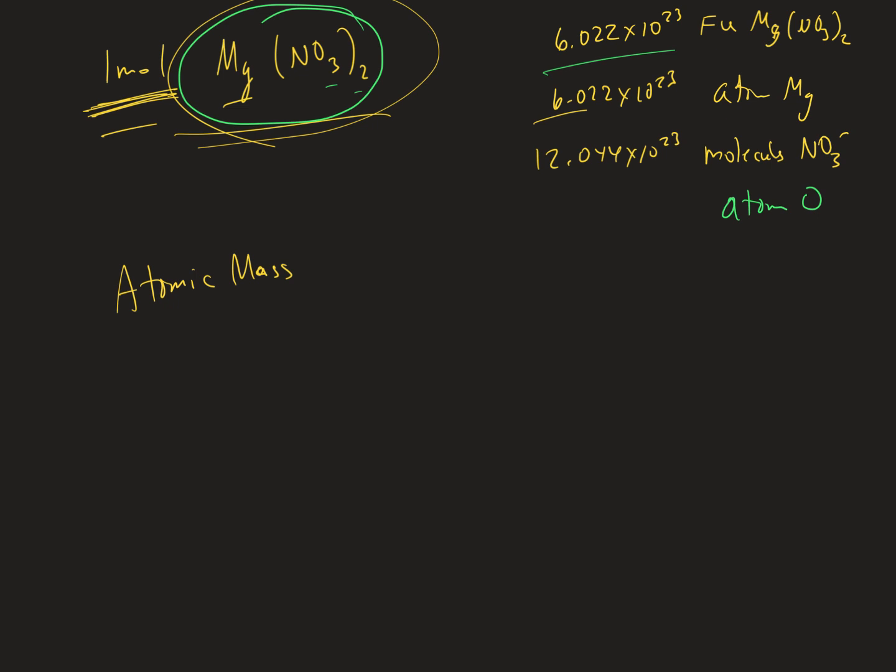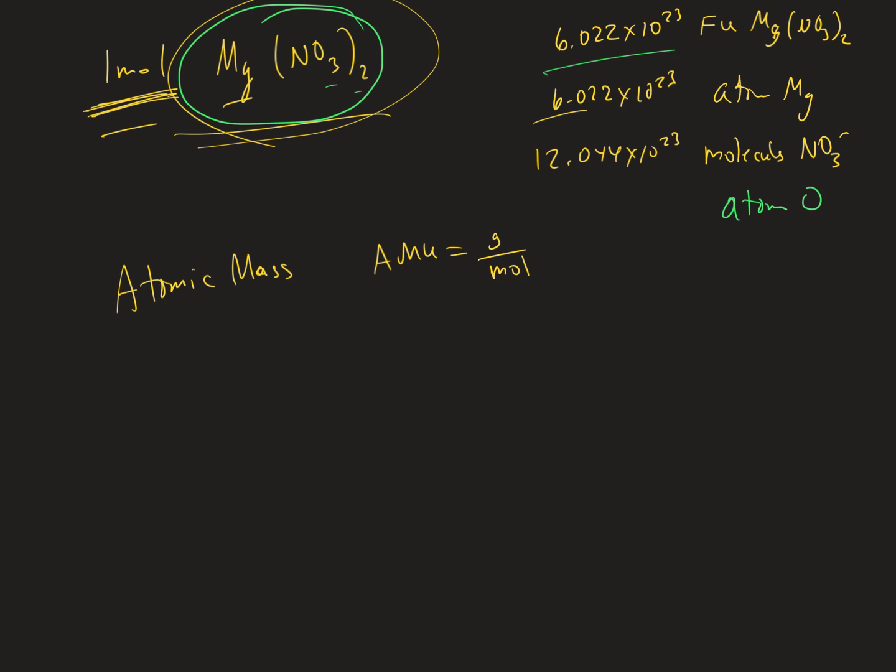You look at every chemistry book and they say it's AMUs. That's right. Atomic mass unit. But what is the atomic mass unit? Grams per mole. That's what it is.